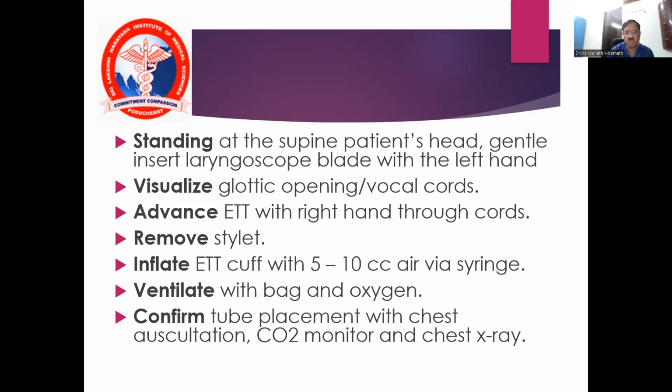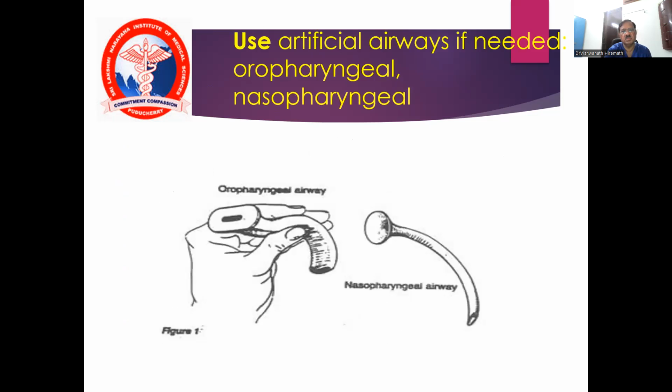In the later course, it is better to check the position of the endotracheal tube with an X-ray chest. When it is difficult to maintain the oxygenation, we can use the artificial airways, the oropharyngeal airway or nasopharyngeal airway.